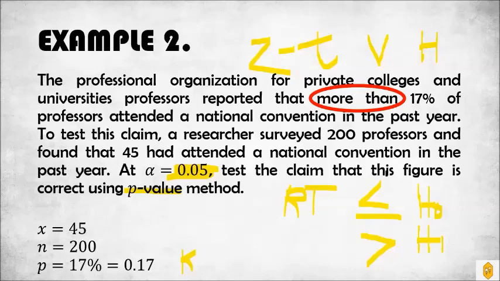Since ang ginamit dito ay yung term na more than, alin dito sa dalawang symbols ang nagpapakita ng more than? And that is the alternative hypothesis. Therefore, ito yung ating claim, yung H sub 1. And itetest natin kung may difference ba between this population parameter na 17% and dun sa ating mako-compute mamaya.